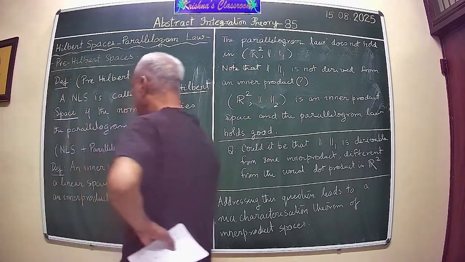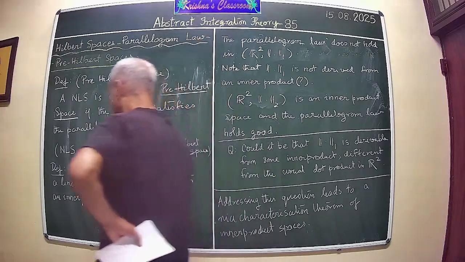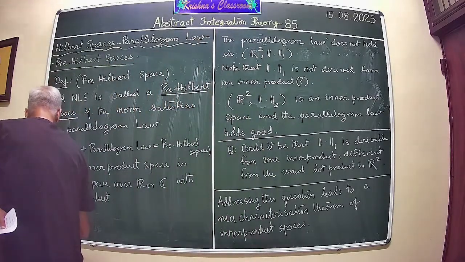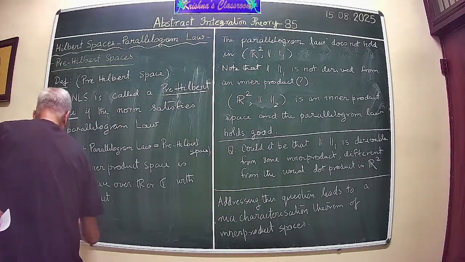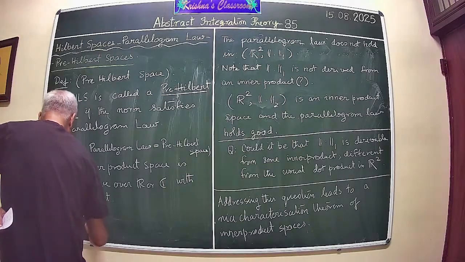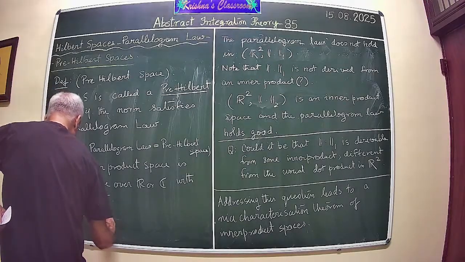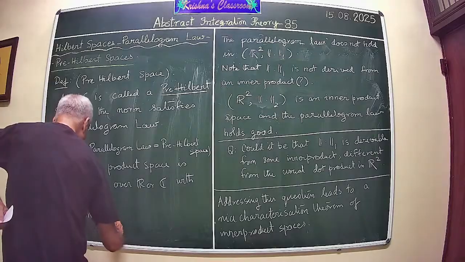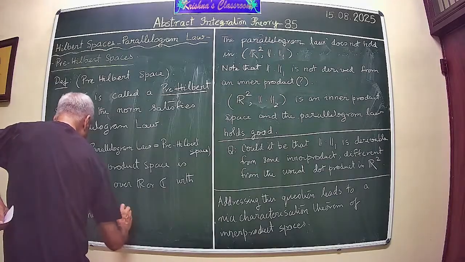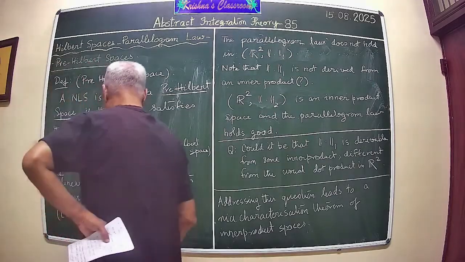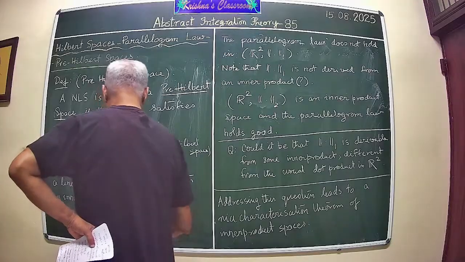So it's linear space plus inner product. This is what you call inner product space.